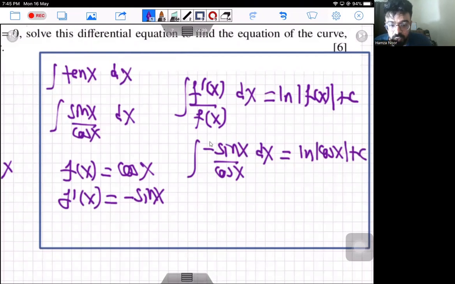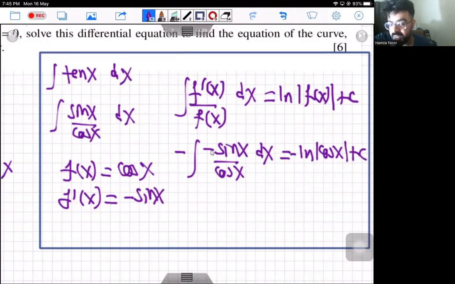What we need to do is get rid of this minus sign. For that purpose, I'm going to multiply by minus 1 outside. I just need to adjust a constant term by multiplying or dividing. So minus multiplied by the integration of minus sin x over cos x with respect to x will give us minus ln cos x plus c.